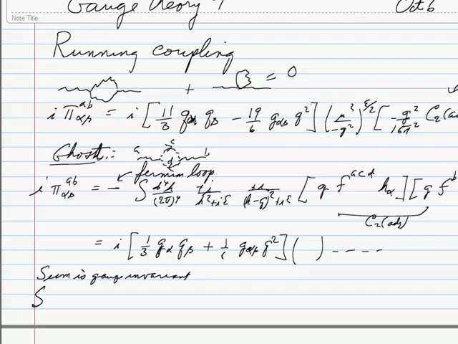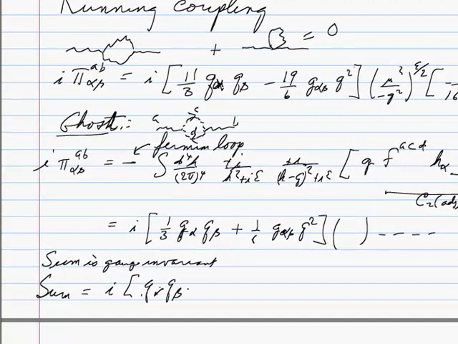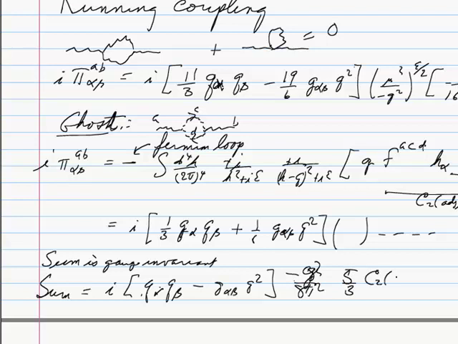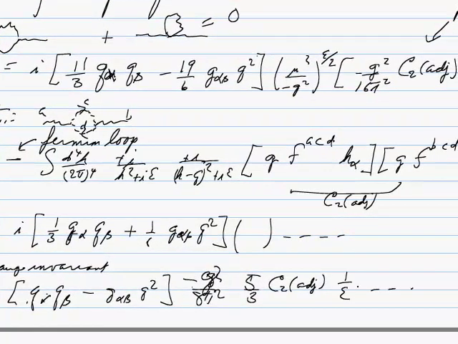Okay, so the sum is Q alpha Q beta minus g alpha beta Q squared times the minus g squared over 8 pi squared 5/3 C2 and 1 over epsilon dot dot dot.